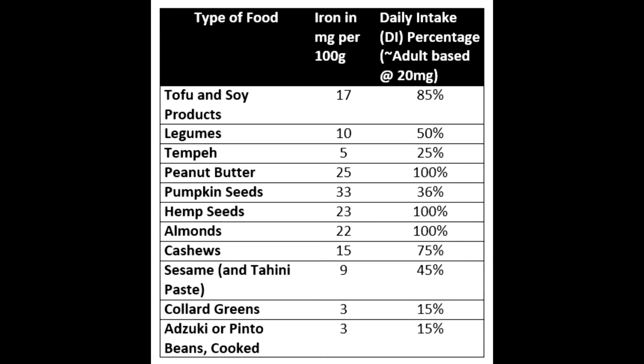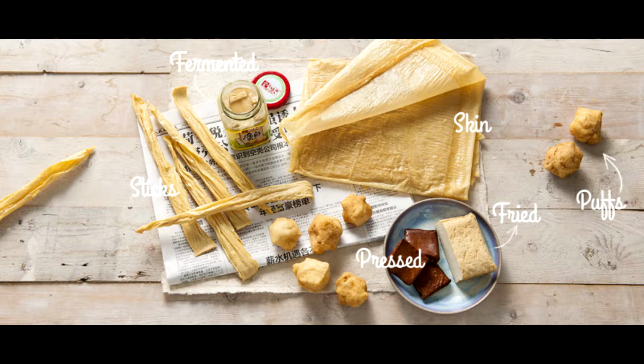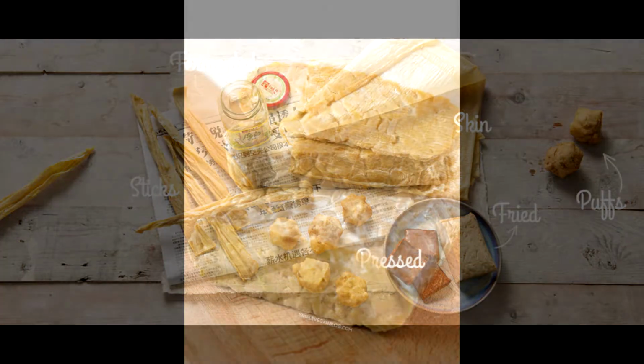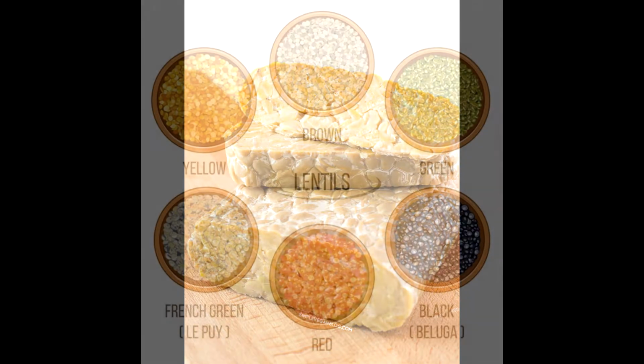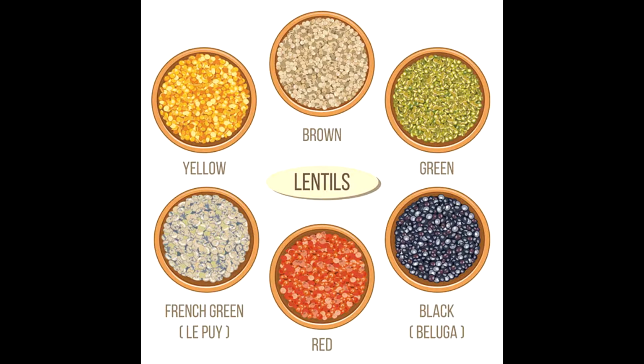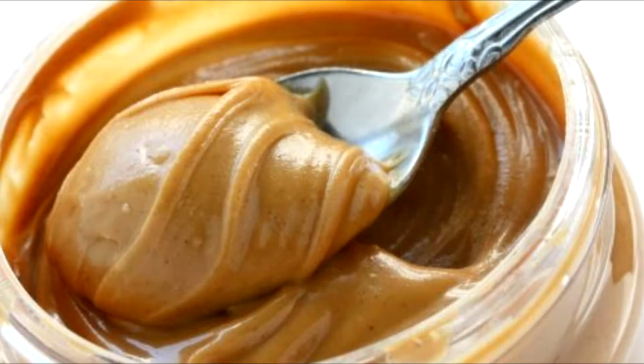Now, first one we have is tofu and soy products, which are a variety of tastes and textures, weighing in at over 15 grams per 100 gram serving. Next one up is tempeh, a pressed and fermented soybean cake. We also have our varieties of lentils, beans, and legumes.